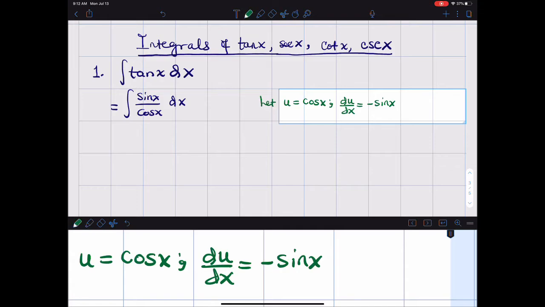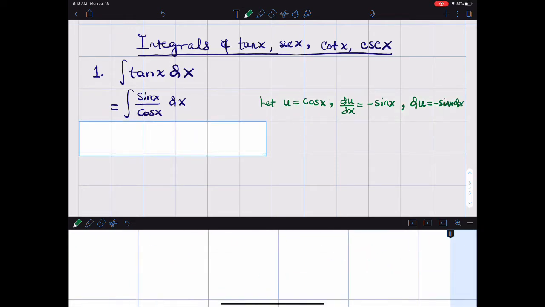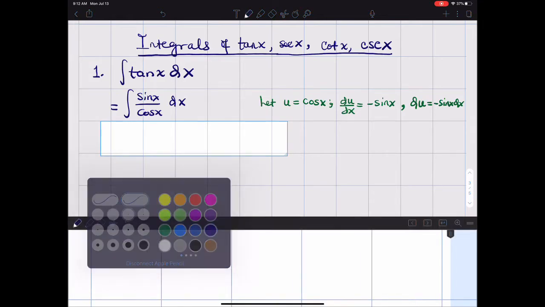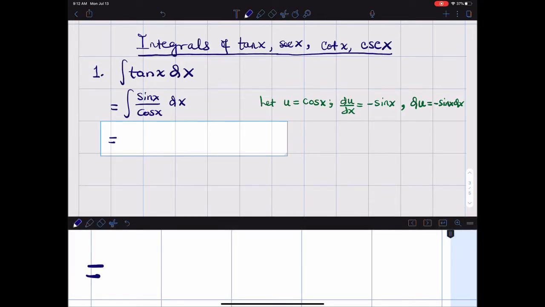So if that's the case, then du is just going to be negative sine of x dx. All right, so we come to our original integral.